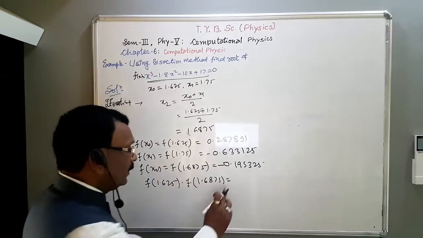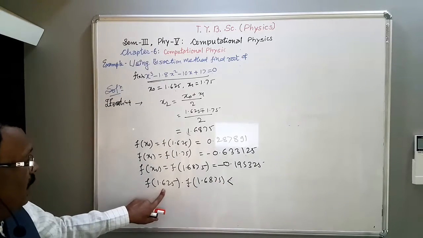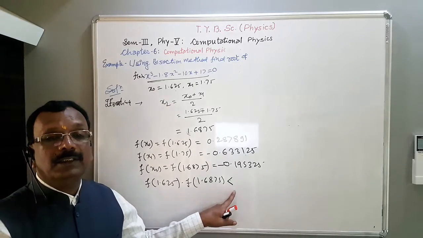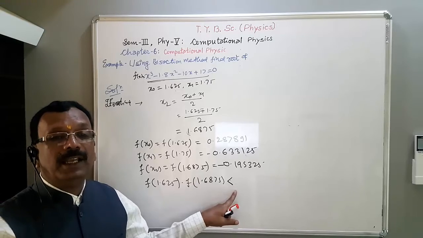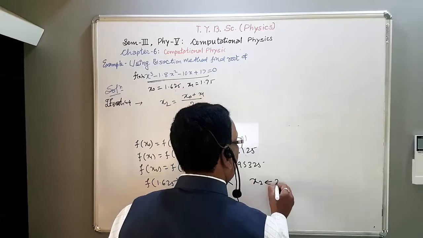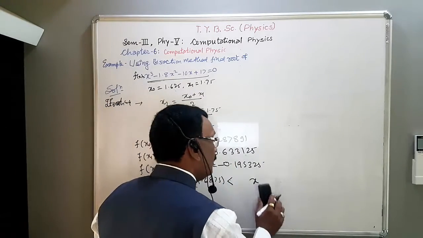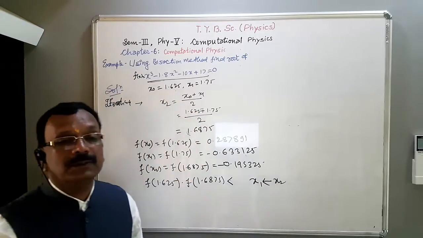Okay, now when we take the product of these two values, obviously this is less than 0, and here we have to replace x1 by x2.